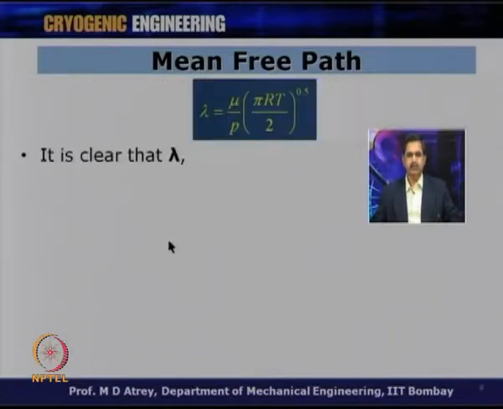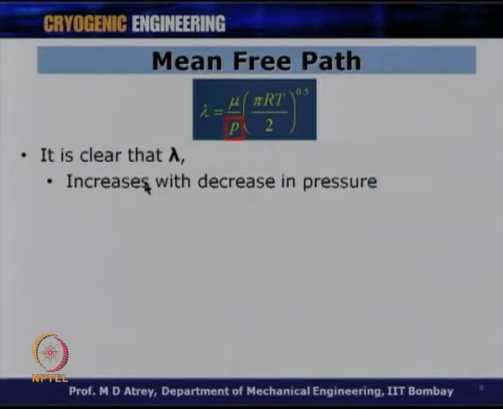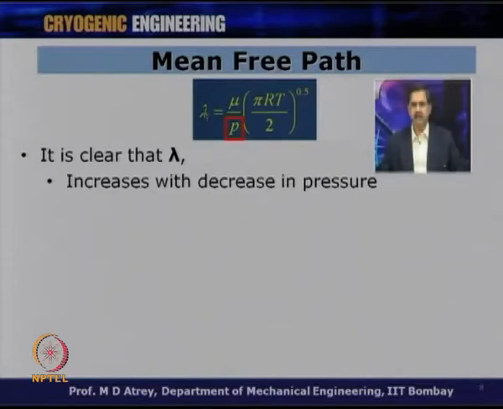Also, we understand from this that lambda increases with decrease in pressure. That means the distance between two collisions starts increasing, which is understandable, because as the pressure gets reduced, the number of particles will get reduced.